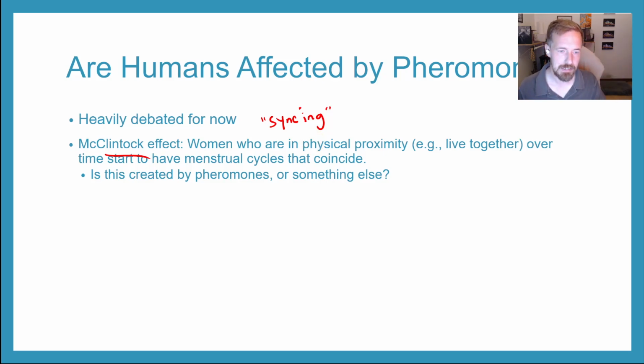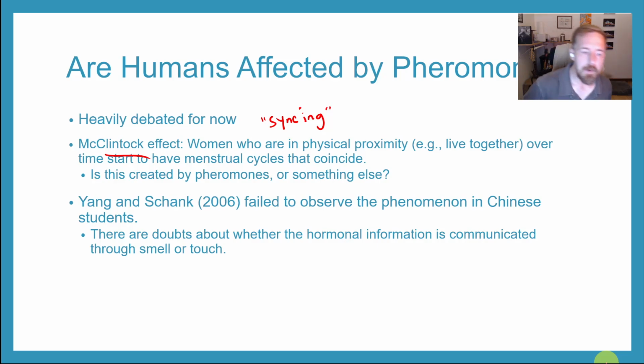And so people have speculated that it might be pheromones. But there's a lot of very mixed evidence on this because Yang and Shank basically tried this where they took McClintock, they took a whole dormitory of female Chinese students, blocked their noses, and it didn't seem to stop them from syncing, which was like, okay, well then it must not be smell then, right?